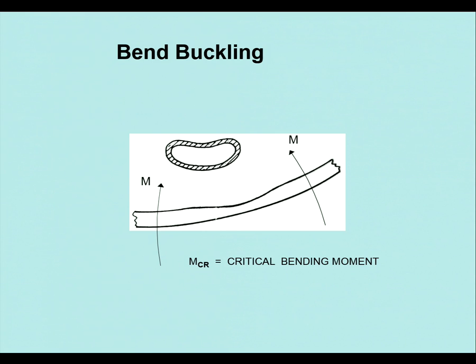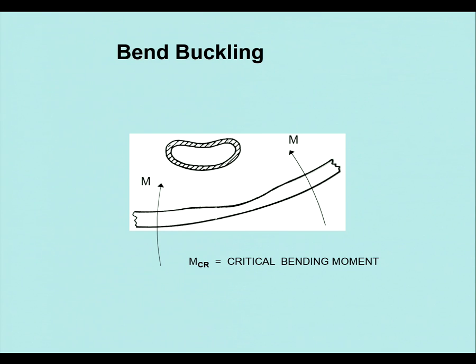So if I took a piece of pipe like that and I started to find moments, what's going to happen to it? This part of it here, as we said, I've drawn it the other way up. This is going to go into compression here, and it's going to ruckle eventually.